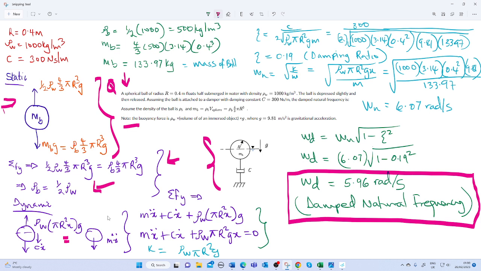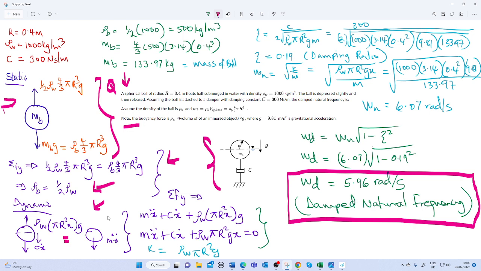So from there we can deduce also the dynamic point of reference to get the equation. From here we know that when the ball is immersed into the water, the damping force C x dot, which is proportional to the velocity, will be acting on it too.